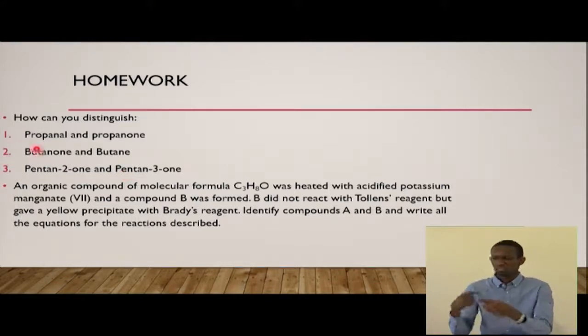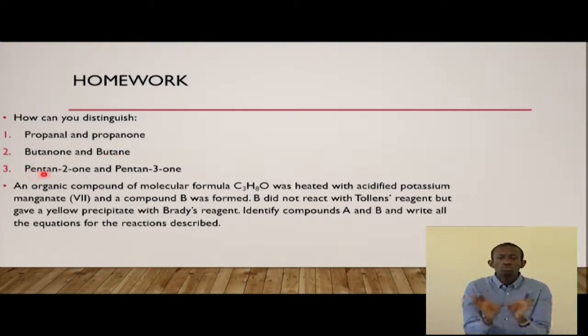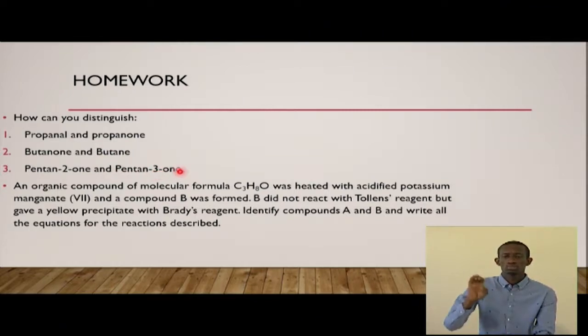And here, your homework is, question number 1, how can you distinguish propanal and propanone? Number 2, how can you distinguish butanone and butane? Number 3, pentan-2-one and pentan-3-one. Here we have a carbonyl compound with another organic compound, aldehyde and ketone, and ketone.